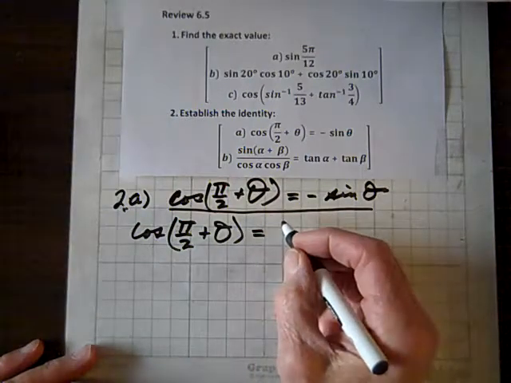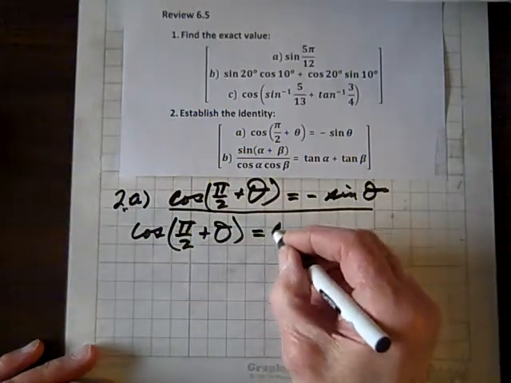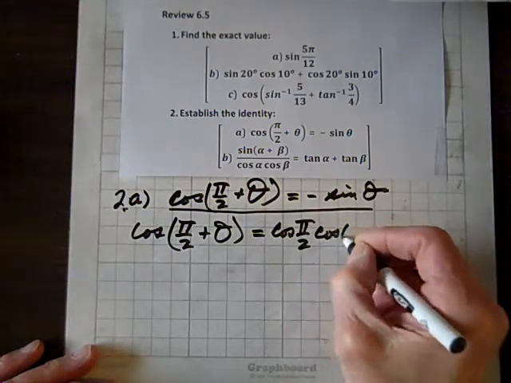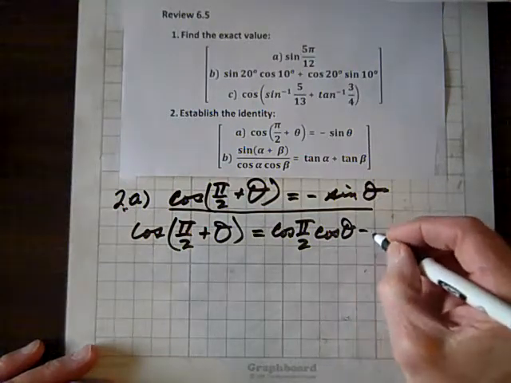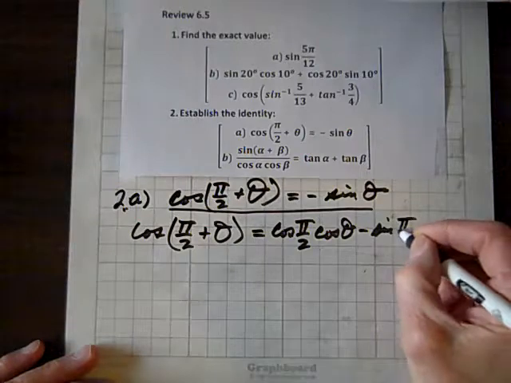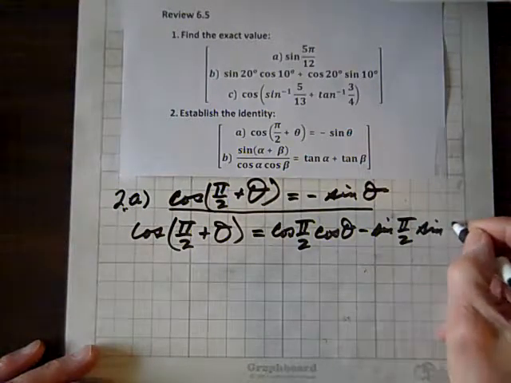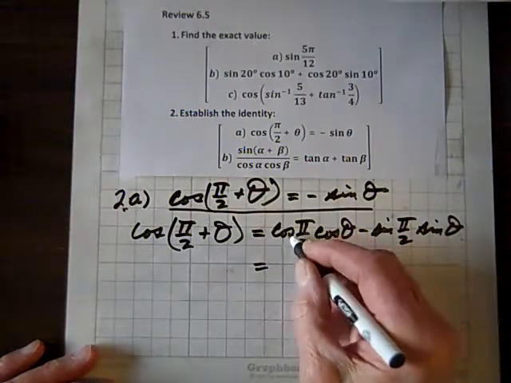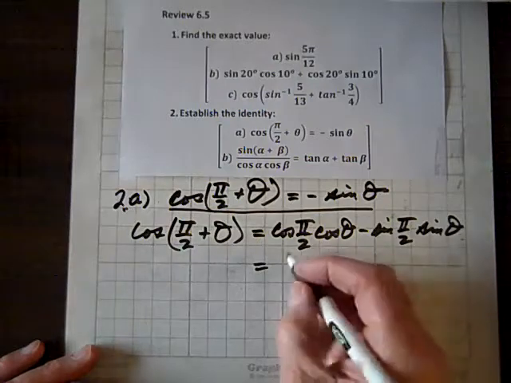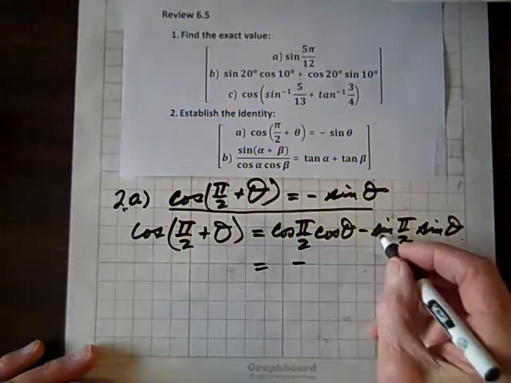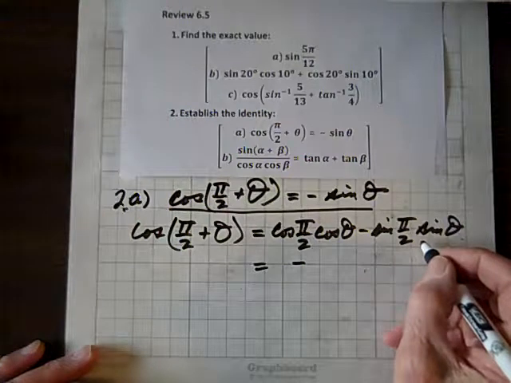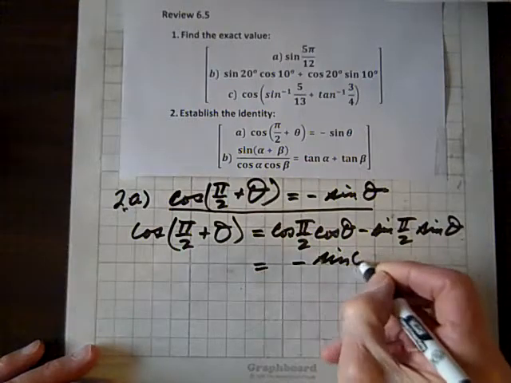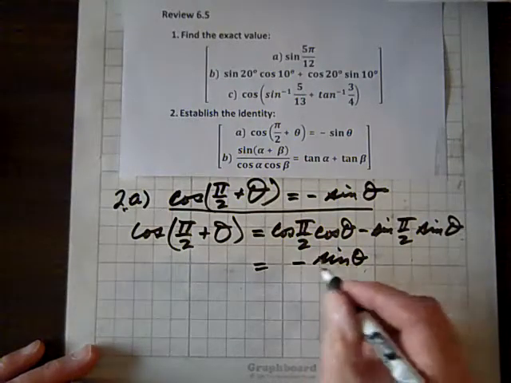Then we equate that to, and we'll expand this, the cosine of pi over 2 cosine of theta minus sine of pi over 2 sine of theta. But the cosine of pi over 2 is 0, so that zeroes this out. And we've got a minus, and the sine of pi over 2 is 1, and 1 times sine theta is sine theta. And in one short stroke of business, we did it.